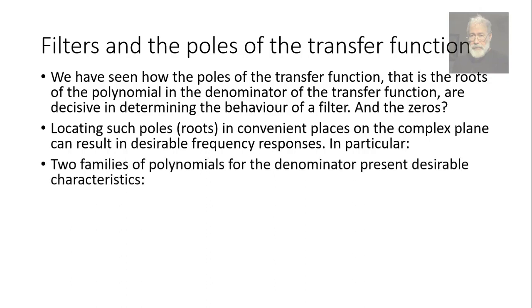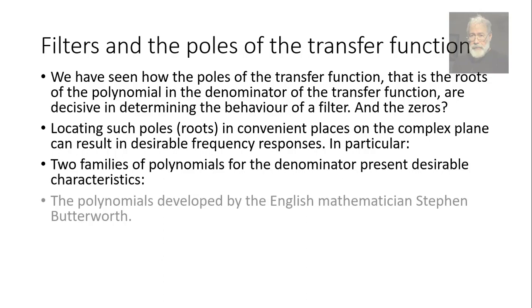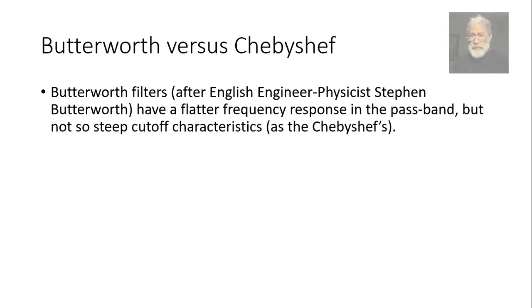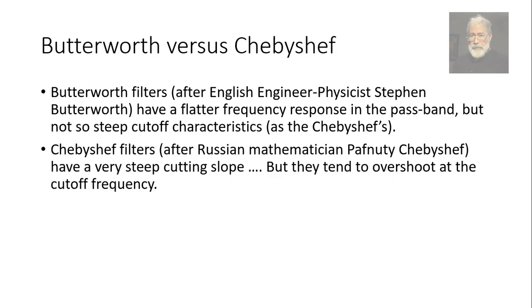In particular, there are two families of polynomials for the denominators present today in filters. Those are the Butterworth polynomials and the Chebyshev polynomials. Butterworth versus Chebyshev filters. Butterworth filters, after the English engineer and physicist Stephen Butterworth, have a flatter frequency response in the passband, but they are not so steep in their cutoff characteristics as, let's say, Chebyshev filters.